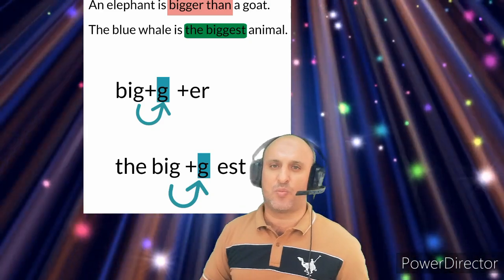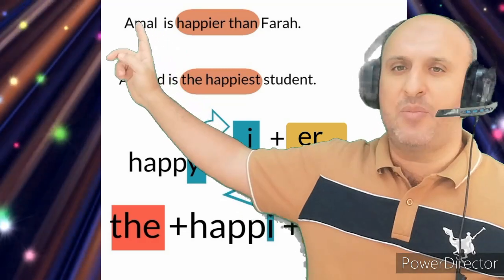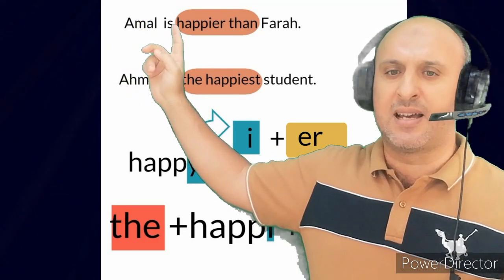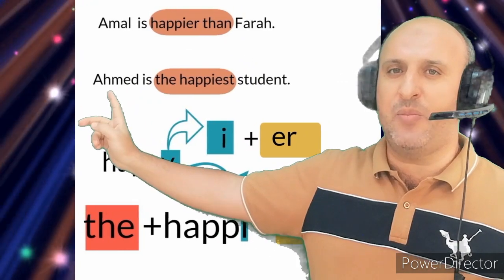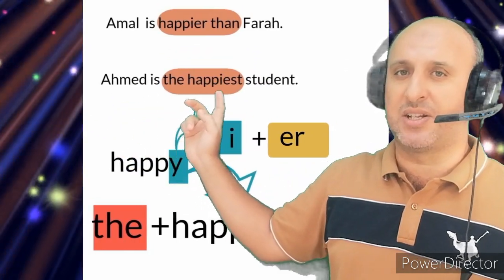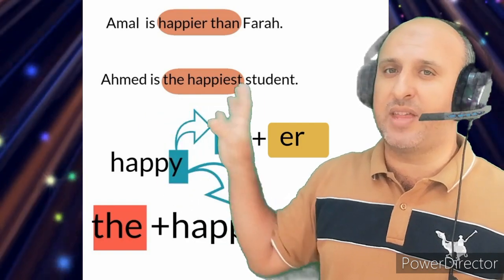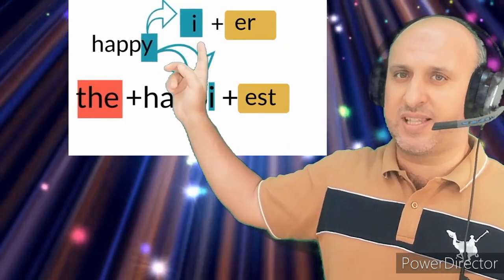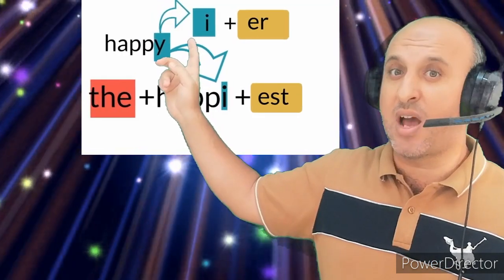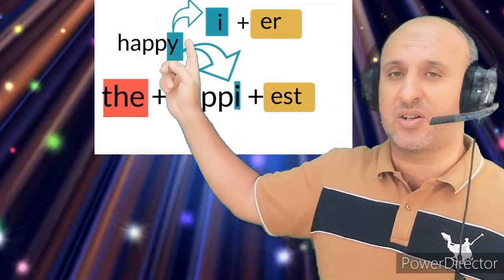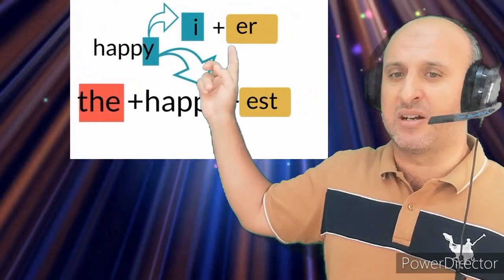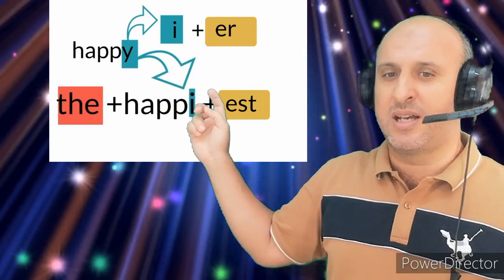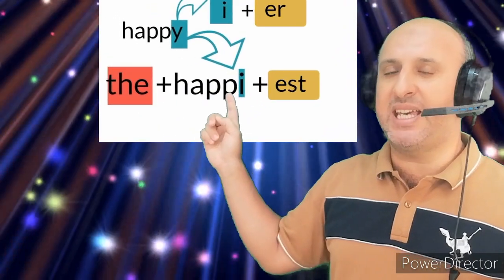Yes, let's move to the fourth set of examples. Here we have Amal is happier than Farah. We have also Ahmed is the happiest student. So here we have the adjective happy. We notice that the last letter, which is Y, is transformed into I. So here happier, plus ER. Also we have the happiest.